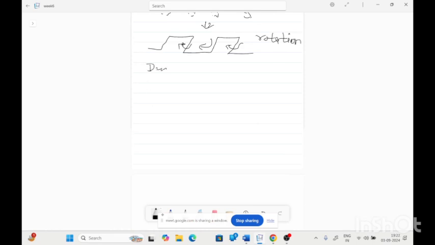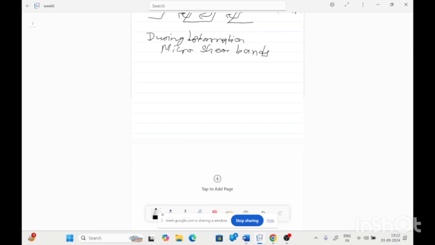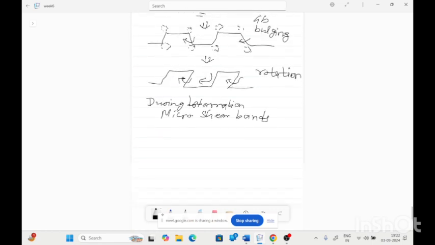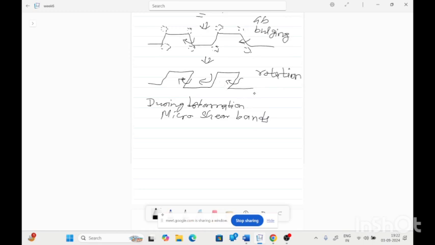So during deformation, after the rotation, micro shear bands are formed. This final position is the subgrain that is newly formed.